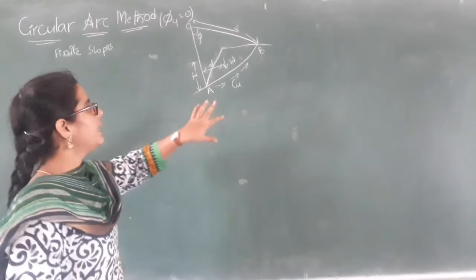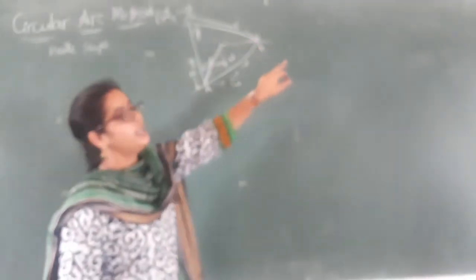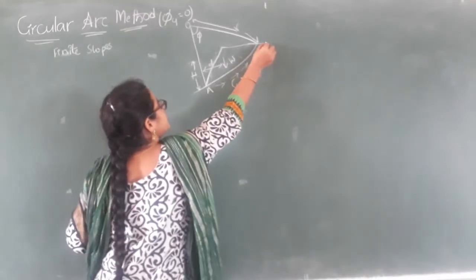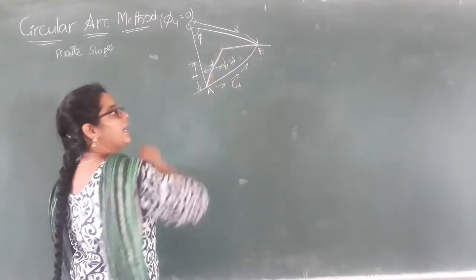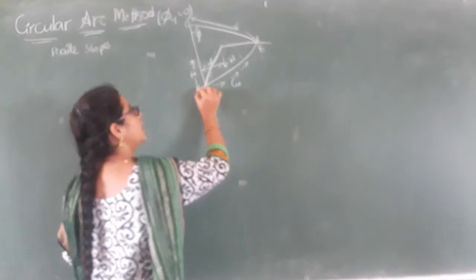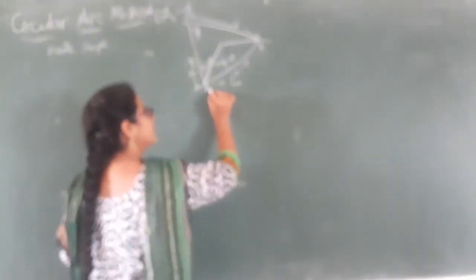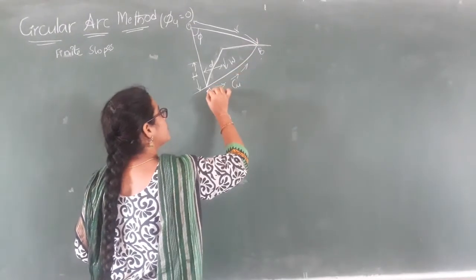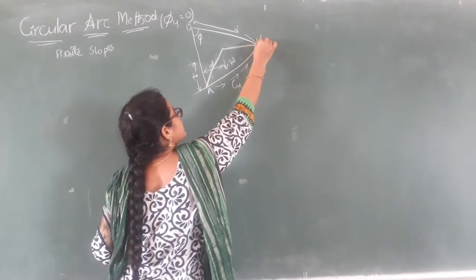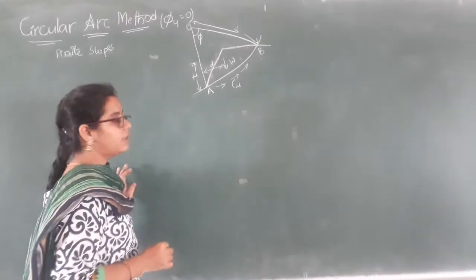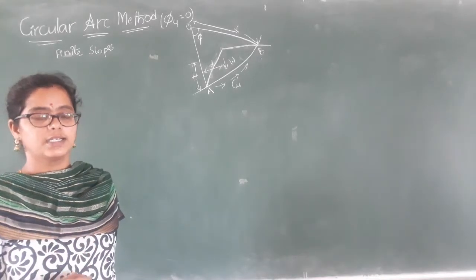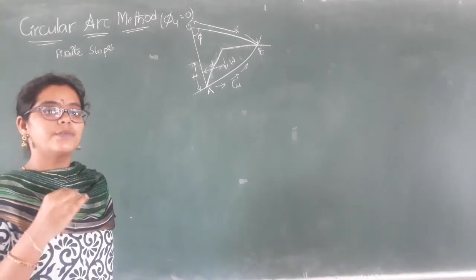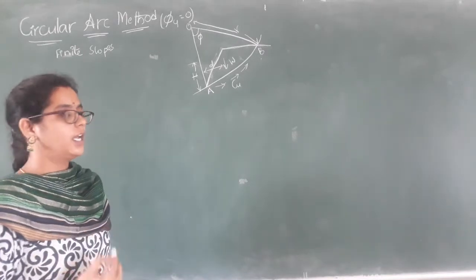If you see the figure, this is the slope, and we are assuming the failure surface to be circular. The AB portion is assumed as the failure surface. In reality it may not be circular, but we assume it to be circular, right?